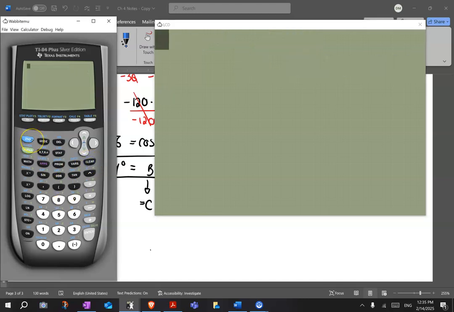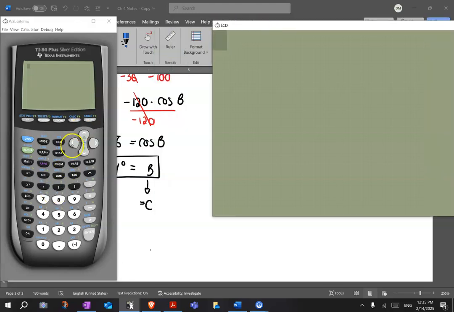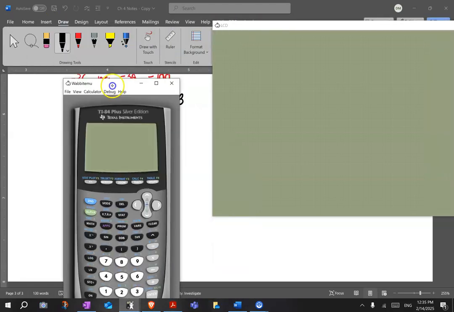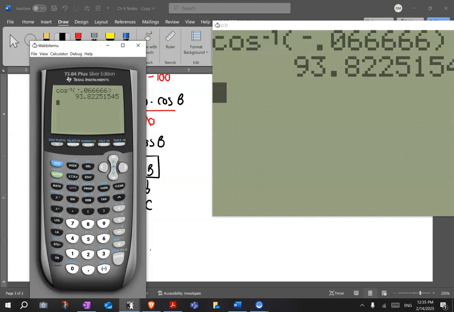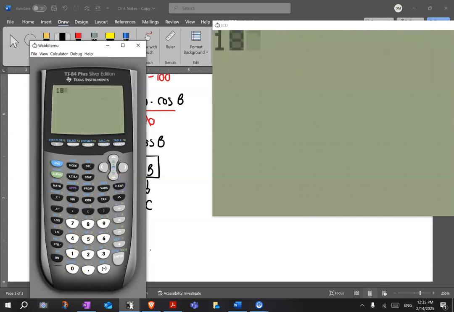By the way, we could have done that other one with the calculator. I think I just saw it on there. Was it 0.066? So cos inverse of negative 0.0666. Do I get 94-ish? Yep, 93.8. Anyways, I'm going 180 minus the 30 minus the 94, and I should get my last one, 56.